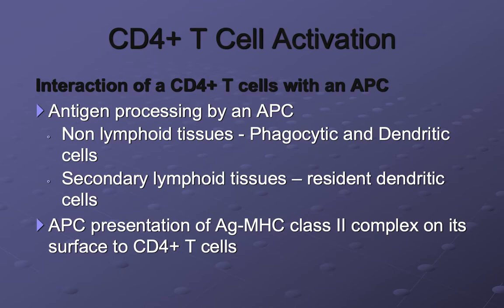Helper T cell activation starts with the interaction of the cell with an antigen presenting component. In terms of location, in non-lymphoid tissues, the APCs include phagocytic and dendritic cells, while in secondary lymphoid tissues, the resident dendritic cells carry out antigen processing.